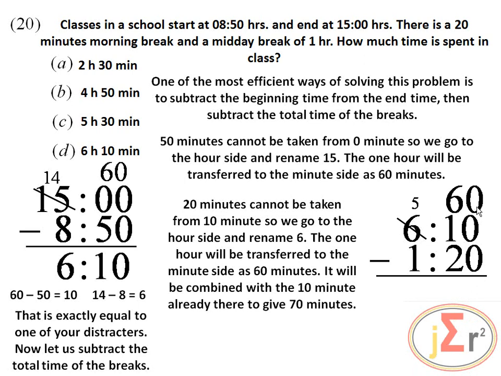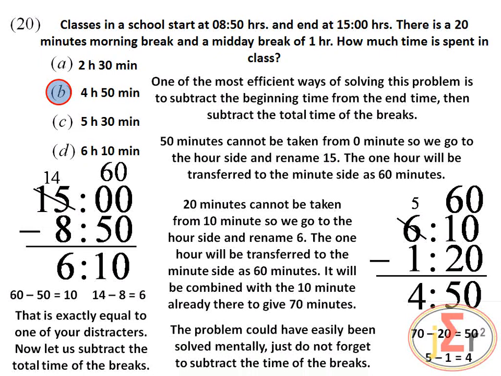So we have 60 and 10 is already there. We have a total of 70 minutes, from which we are going to subtract 20, 50. So we have our 50 minutes right there. And 1 from 5 is 4. Good. So there we have our correct answer. Option B, 4 hours and 50 minutes.